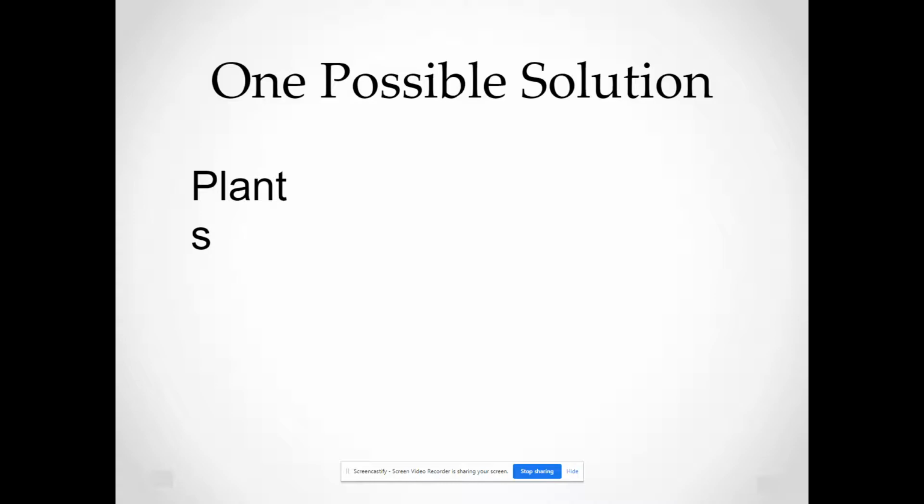All right, so what two groups are we going to go with? We're going to say animals on land and animals not on land. So what do you want to do?